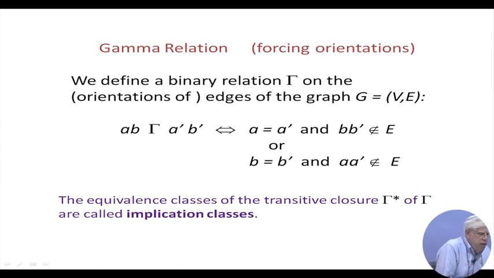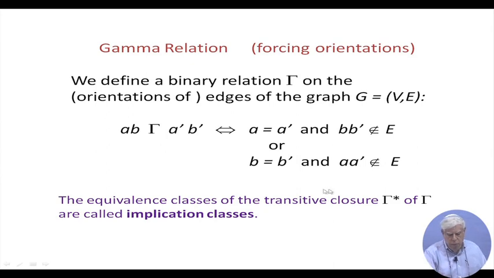Now, in order to obtain transitive orientations, we use something that we call the forcing relation. We'll define a binary relation gamma on the edges, on the orientations of the edges, in fact, of a graph G, where AB is gamma related to A prime B prime, if and only if the first vertex A and A prime are the same and B prime is not an edge, or B is equal to B prime and A prime is not an edge.